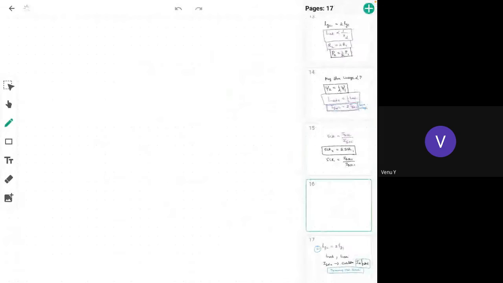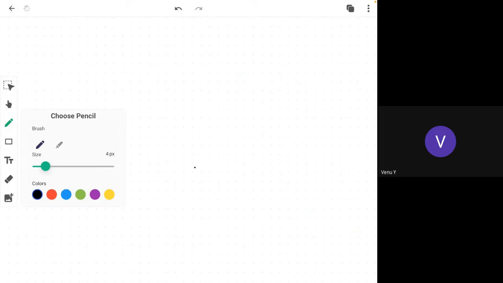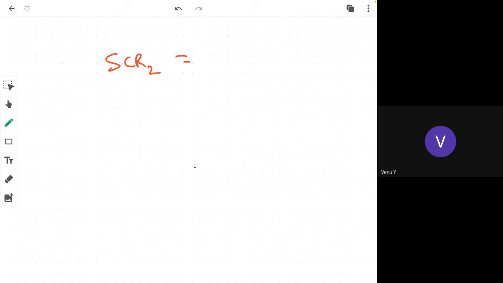Next one. Similarly, SCR2 equals IFNL2 by IFSC2.